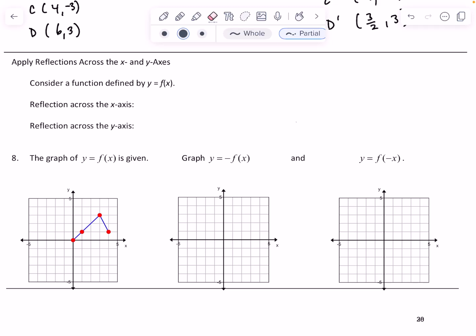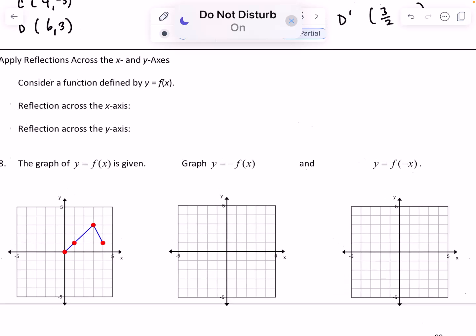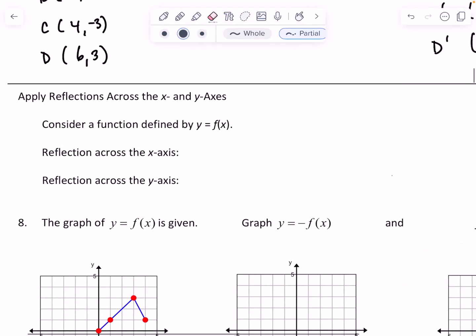Okay, our last transformation is going to be reflections. This is where we can introduce negative signs. If we have a function y equals f of x and we want to reflect it across the x-axis, that means everything above the axis goes below it, and everything below it goes above it, which means the coordinate that's changing is our y-coordinate.